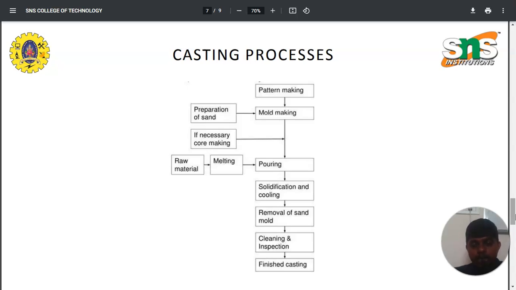Before melting the metal, first of all we need the raw material. Following that we do the melting process. Along with that pouring is done. Then solidification and cooling take place, and removal of the sand mold is done. The cleaning and inspection of the finished castings is then made.